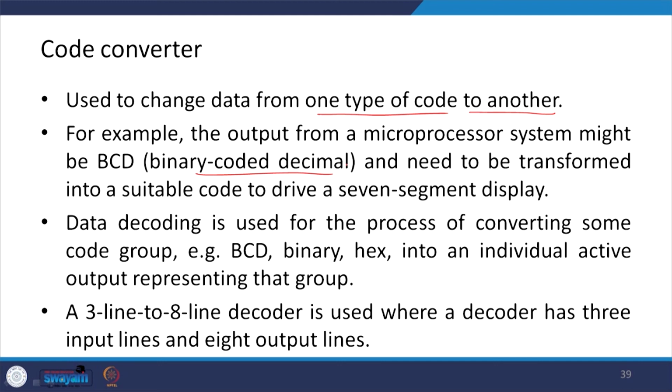So, data decoding is used for the process of converting some code group, that is, say, BCD, binary, hex, into an individual active output representing that group. Okay. A 3 line to 8 line decoder is used, where a decoder has 3 input lines and 8 output lines.